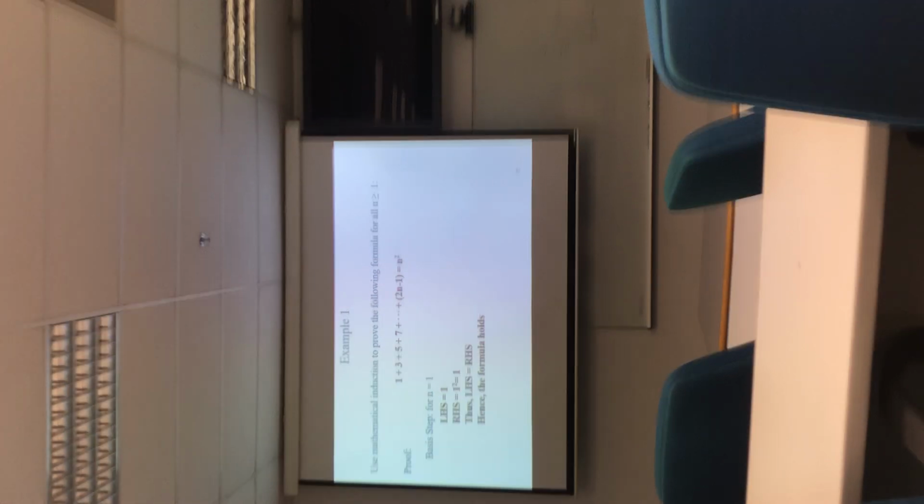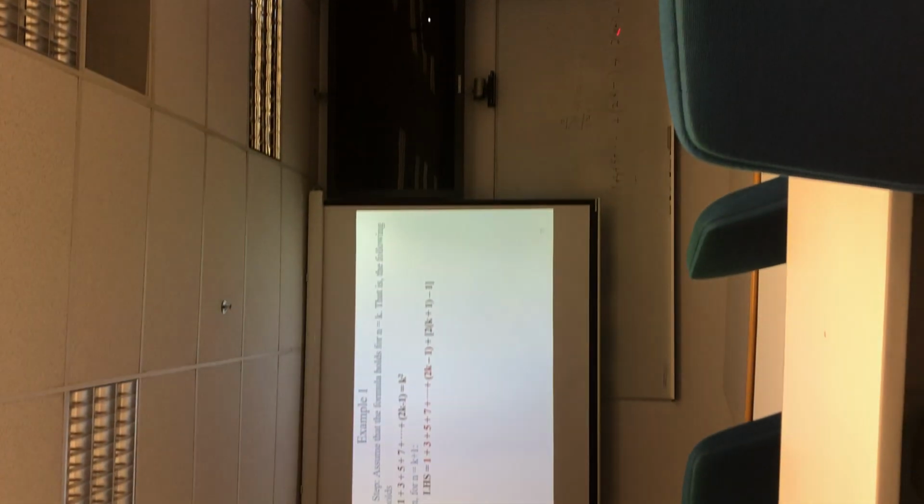Okay, we have this, plus 1 plus 3 plus 5, etc. That means when n equal to k plus 1, this is the form, this is the left hand side.